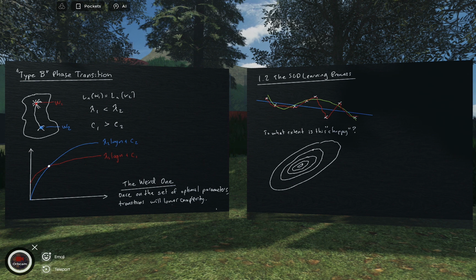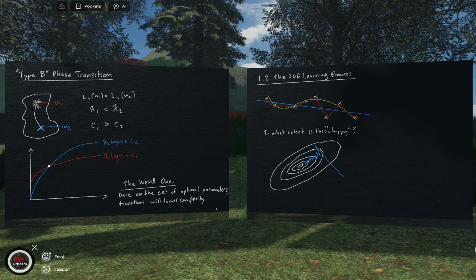If this is supposed to be the loss function, what you find is there's this exponential separation in learning speeds. Your convergence along each direction is going to be according to some exponential rate given by the curvature in that direction.